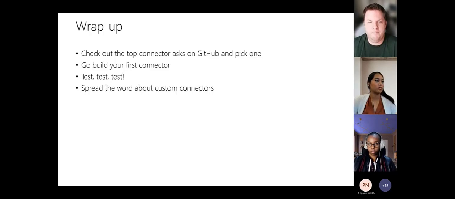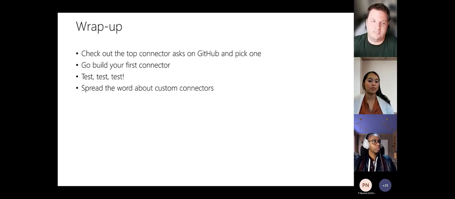For a wrap up, check out the top connector ask on GitHub and pick one. I believe Julia already has that link also available on the website. Go build your first connector and test. That's really what I want to tell you.